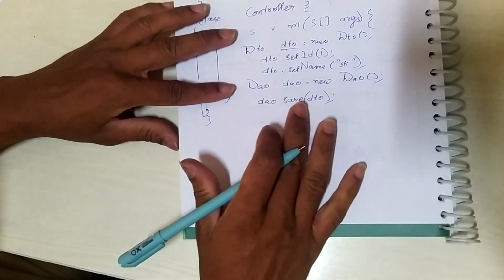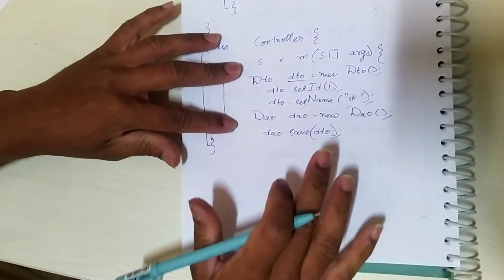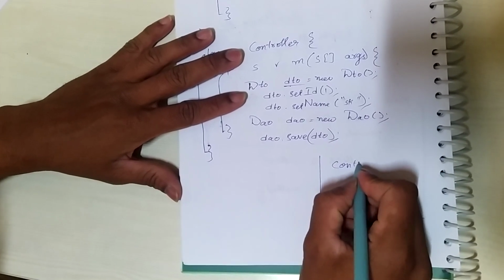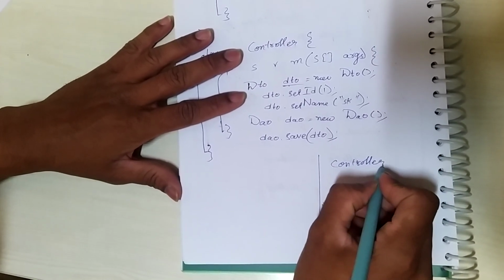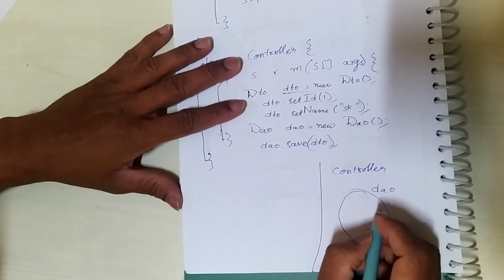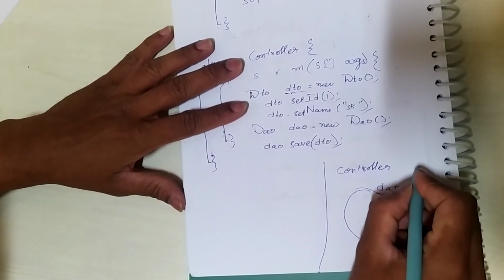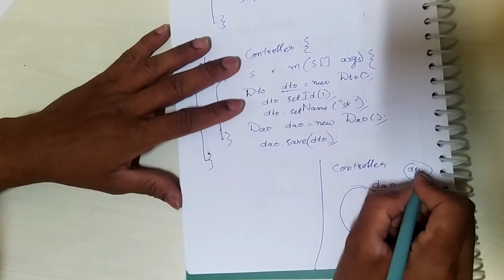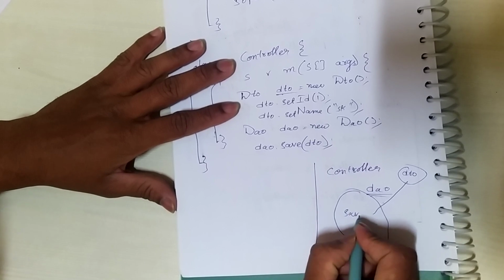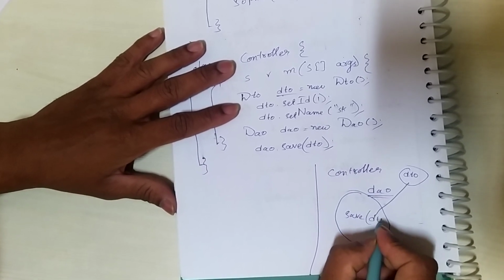Whenever we send the DTO object to the save method, what is happening? Inside the controller layer, you are creating an object of DAO. Before that we create the DTO object, and we send this DTO object to the save method.